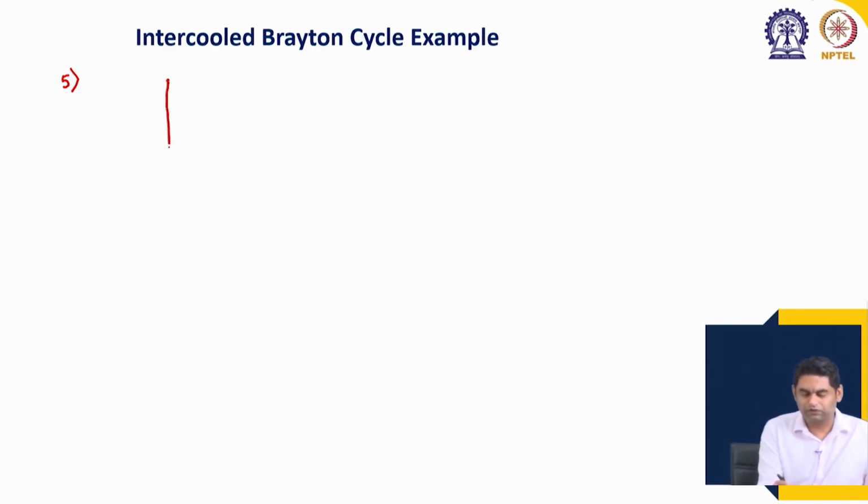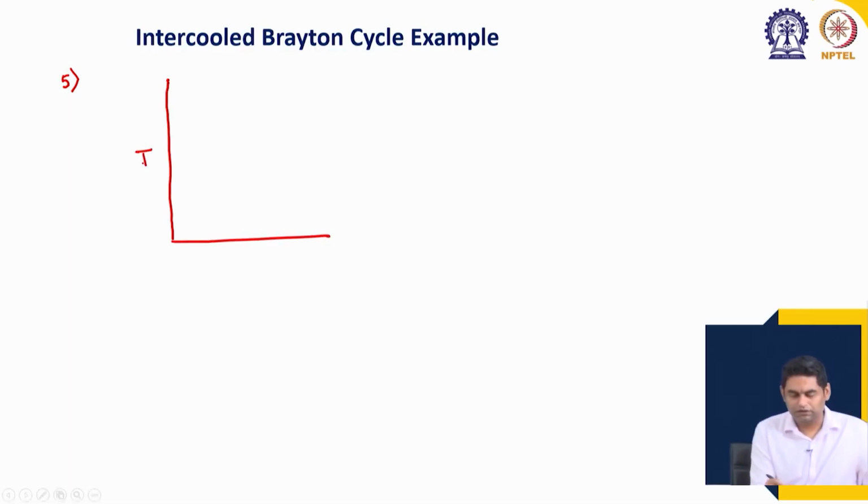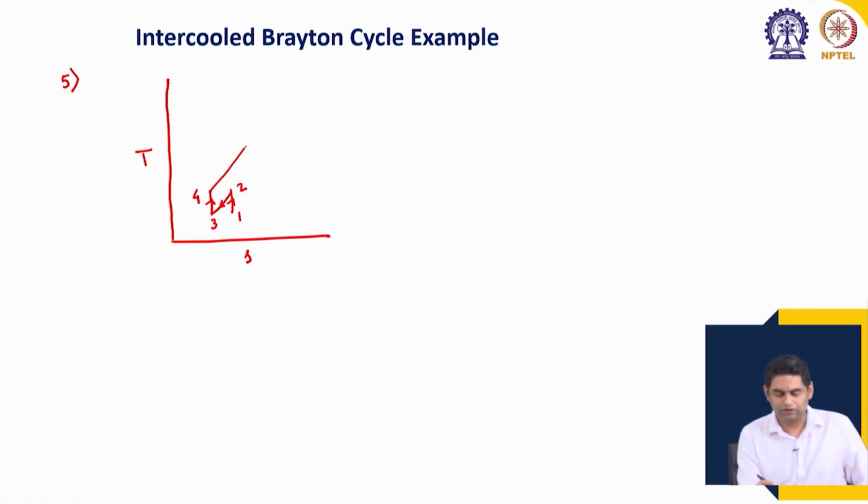We will draw the TS diagram as always. This is the best way to start solving any of these problems. Let us quickly draw the intercooled cycle. 1 to 2, 2 to 3 is the intercooling, 3 to 4. By this time it should be very familiar to you because we have discussed this multiple times. 3 to 4 is the high pressure compression.